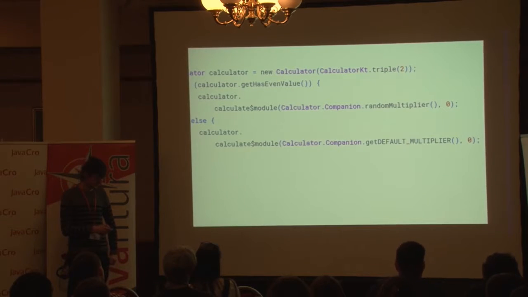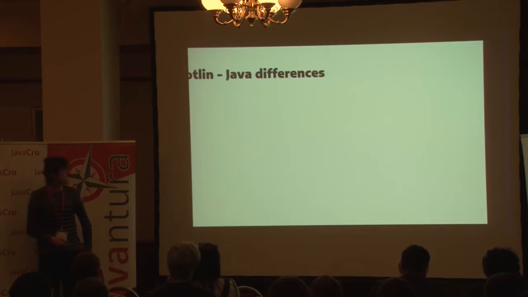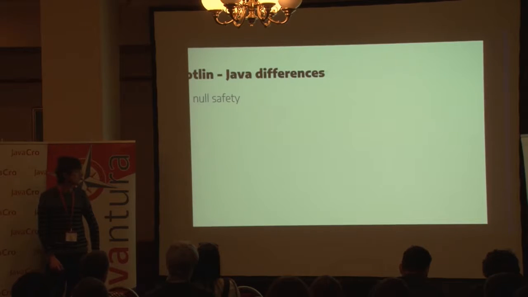So why is this Java code so ugly? Well, it's not the same language. Kotlin and Java are different languages after all, and some of the differences that cause these problems are, for example, null safety. In Kotlin you have to, for each type, say is it nullable or not.